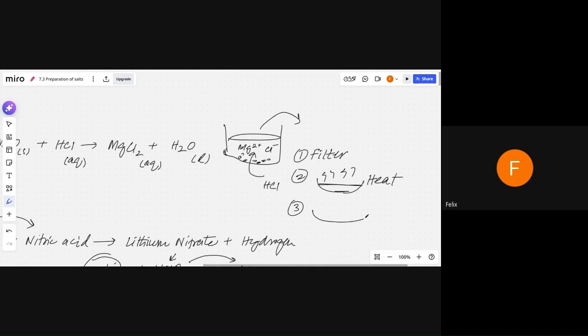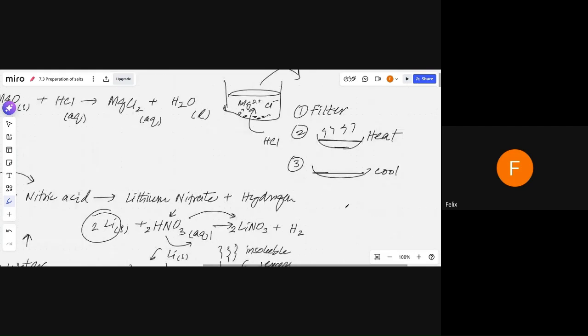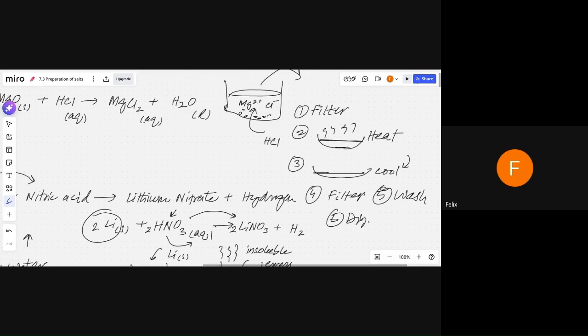Step three, allow it to cool down, and in this process, crystals will appear. And step four, filter. Step five, wash, and then number six, dry, right? So I hope this is clear.